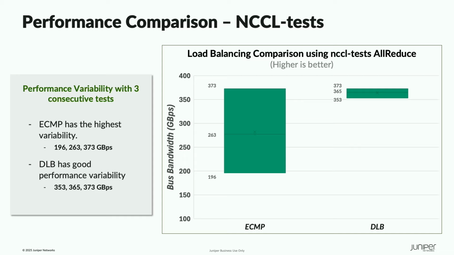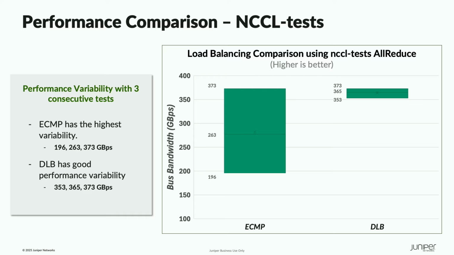In terms of variability, this is a graph where we did 3 consecutive tests with NCCL test, which is a standard NVIDIA open source tool. You can see the variability in performance of static ECMP, which is basically lottery based. You're picking a path.